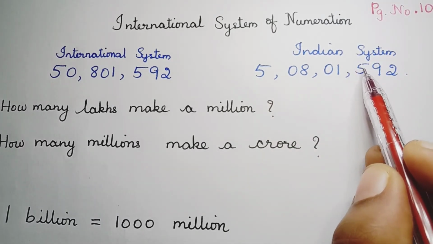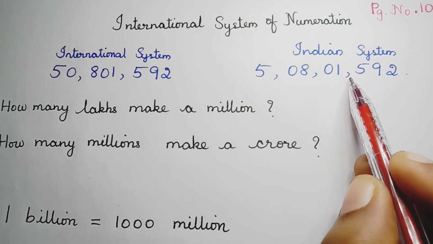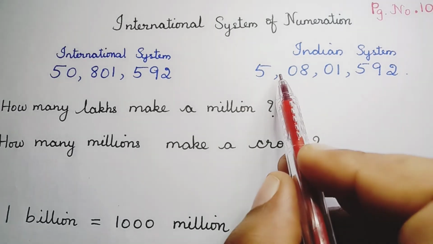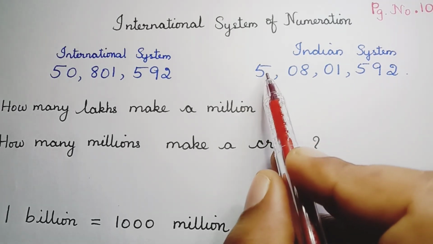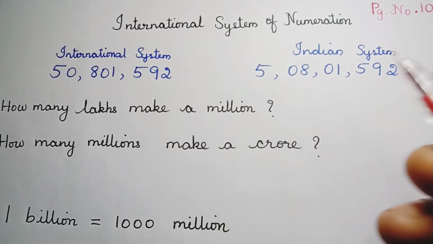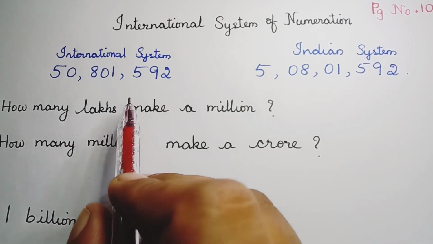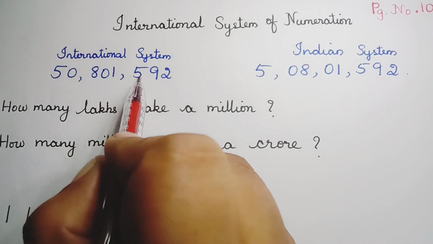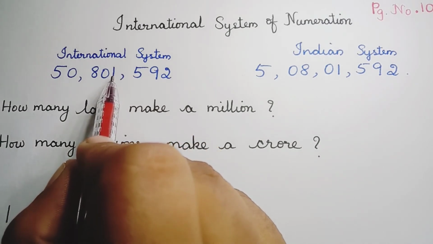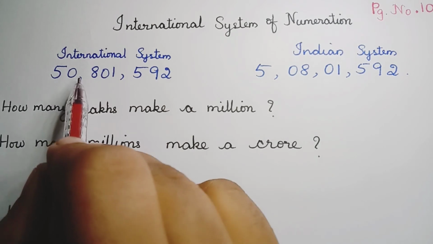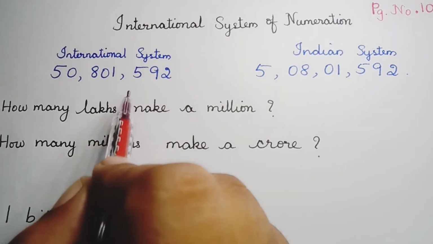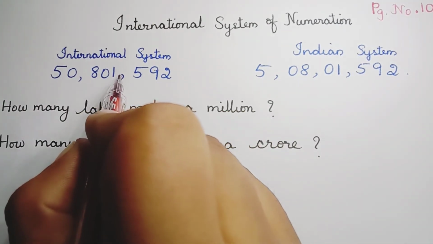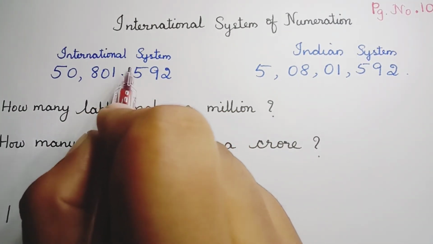So for separating hundreds and thousands you use 1 comma, the next comma is for separating thousands and lakhs, and the next comma is for separating lakhs and crores. For the international number system, you use the comma to separate hundreds and thousands. For each 3 digits you have to give a comma. So this comma separates hundreds and thousands.